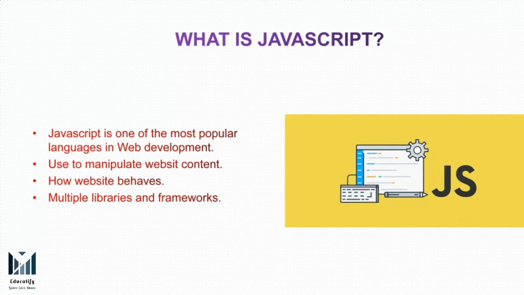For example, you have built the website using HTML and CSS, and the website is looking very cool. Okay, that's great. But what if the user clicks on a button, and after the click you want to change the text or the color of that button? What will you do? For that purpose, we have to use JavaScript.